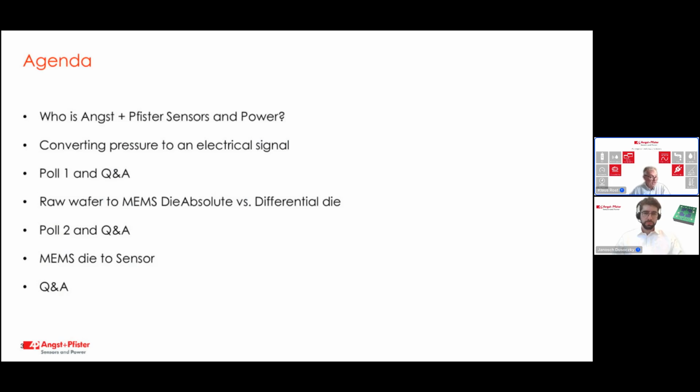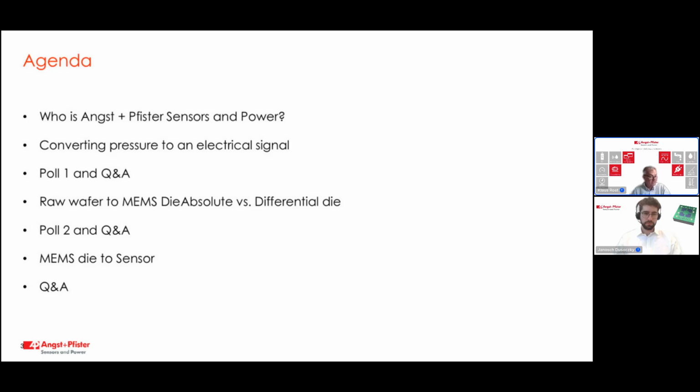Here is the agenda for the webinar today. First of all, we want to give you a short introduction about Angst+Pfister Sensors and Power. Then we have 3 video sequences. The first one is a general introduction of pressure measurement, how a die works.